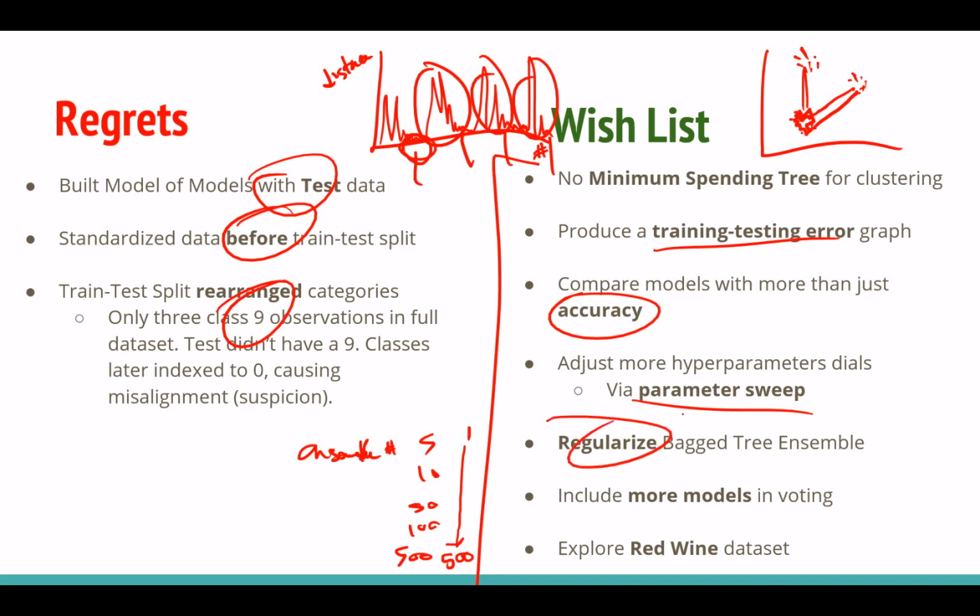I didn't regularize the bagged tree ensemble. I would have preferred using an odd number of models to vote with, as well as building more models. I was running short on time. And as well, I never went back and checked the red data set. So there you go. Thank you for watching.